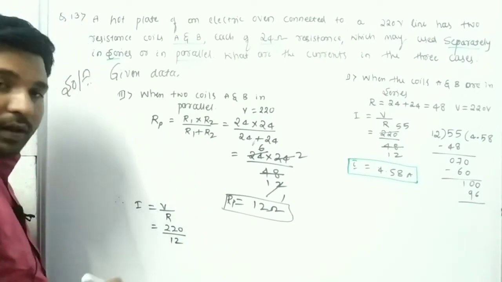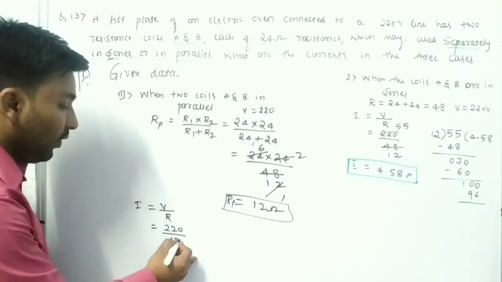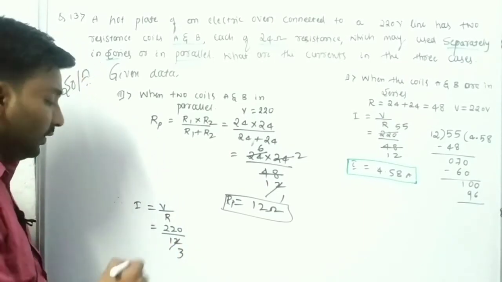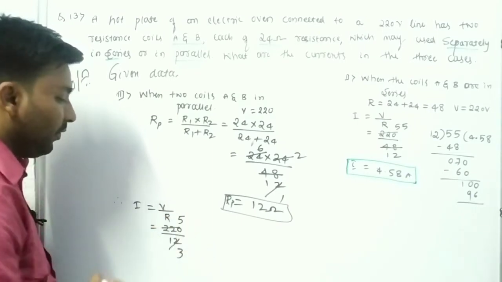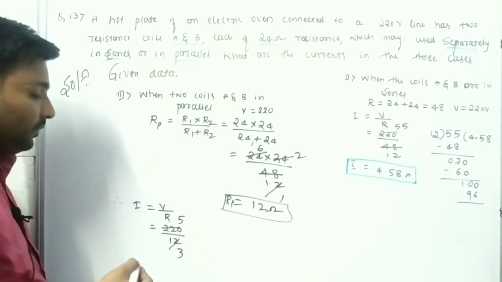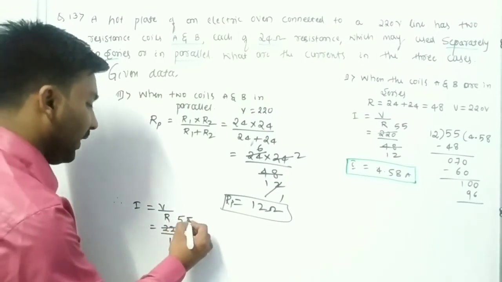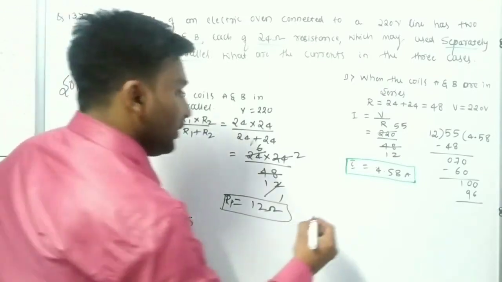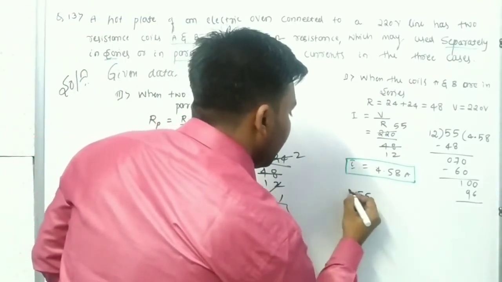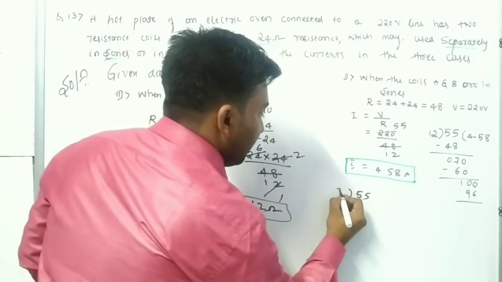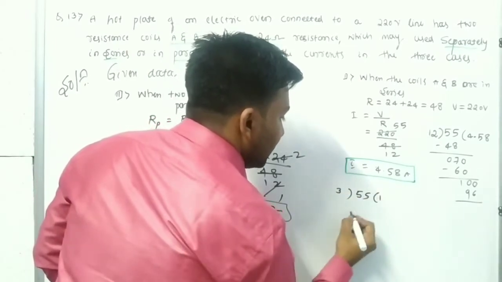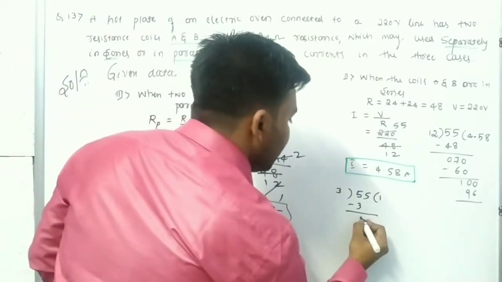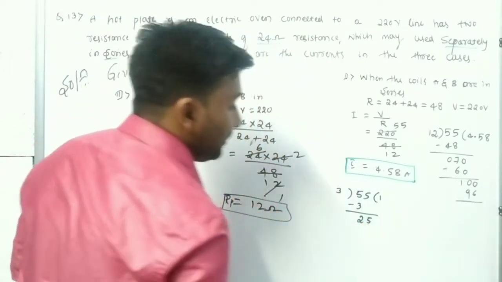Now how to divide this? 4 3s are 12, 4 5s are 20. Let me take this separately. Now 55 divided by 3. 3 1s are 3. Subtract, you will get 2, and the 5 as it is.